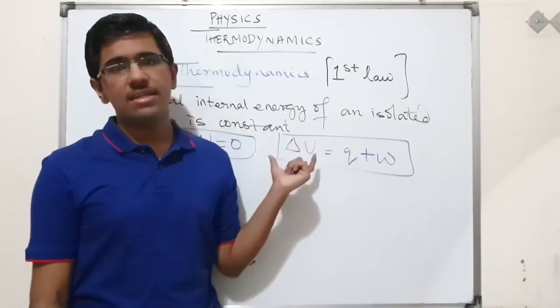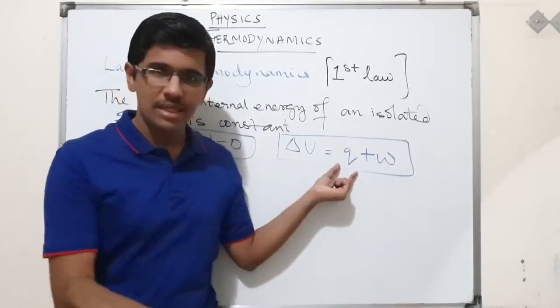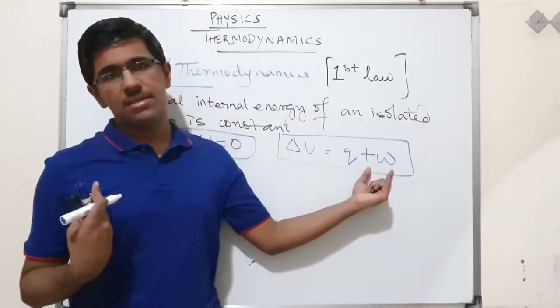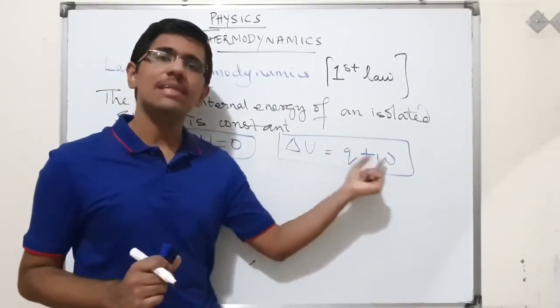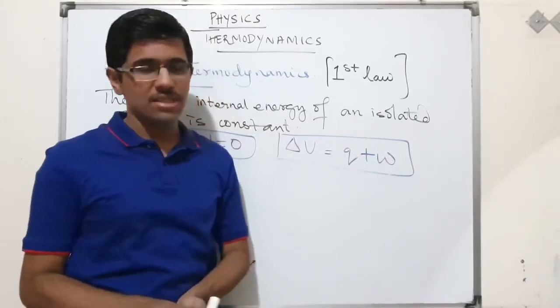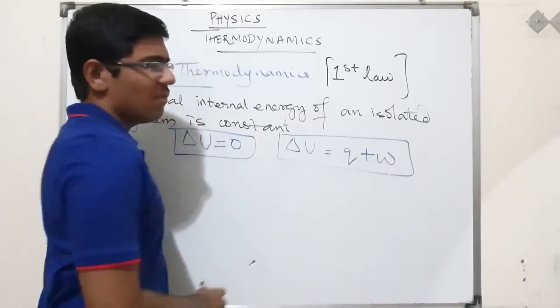That is, the change in internal energy of a system is the sum of the heat supplied to it or given out by it, plus the work done on it or by it. No need to worry. Internal energy is the sum of heat plus work. Work means energy. Heat also means the amount of heat energy. We know that W is work done.